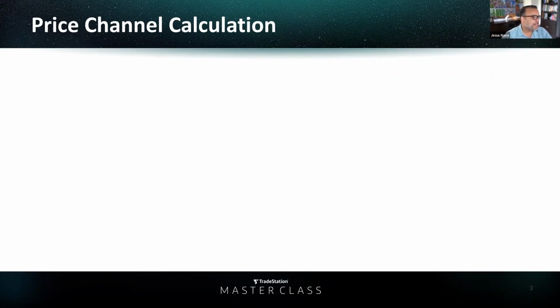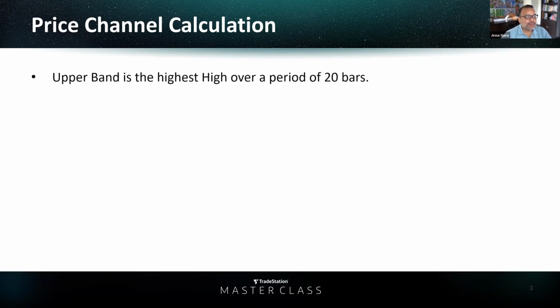All right, so the calculation: upper band, highest high over a period of 20 bars. And you're going to see a visible line identifying what that highest high is. Now, of course, the 20 bars is something that everyone can modify. So if you're looking for the highest high for a longer period, you can just adjust the number of bars used.